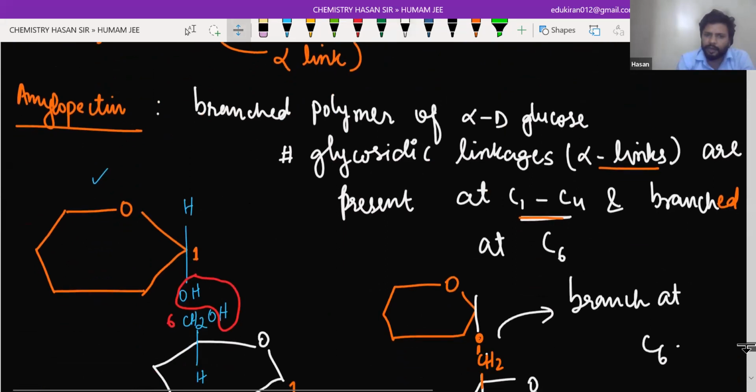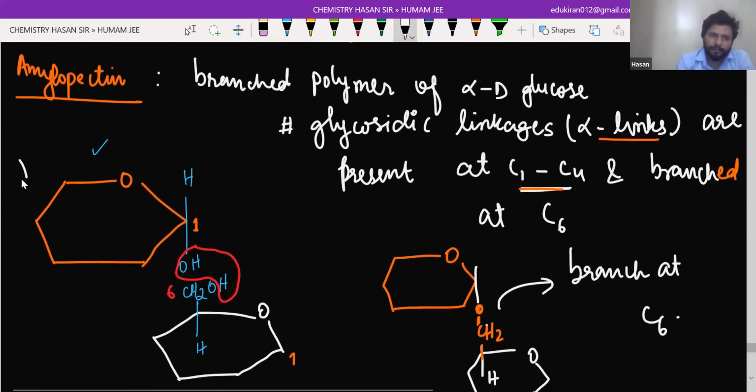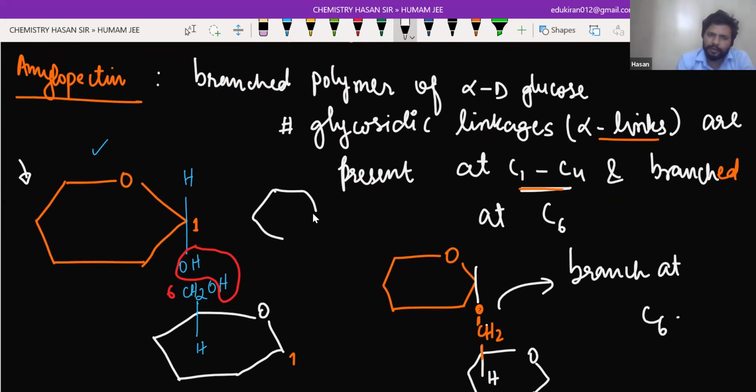Amylopectin is a branched polymer. So this was a straight line like this, amylose, and then another alpha D glucose comes in contact with this in a branch, at C6 and C1. It is very important to note that since this comes from alpha glucose, that's why we call this glycosidic linkage an alpha link as well.